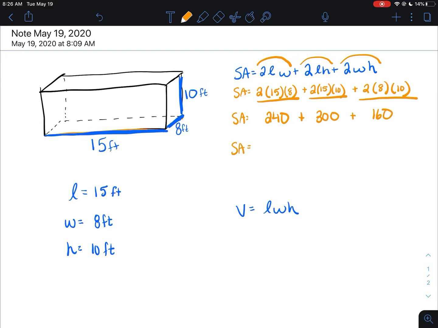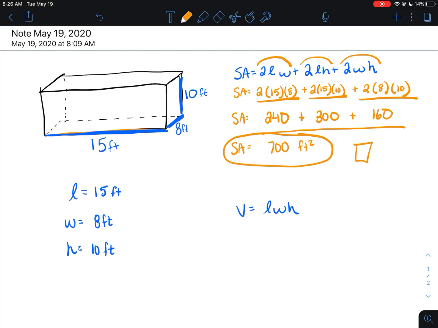Then after you do all your multiplication, your next step is to add everything together. And 240 plus 300 plus 160 is 700 square feet. We're still talking about area, so you're still talking about how many squares it takes to cover the figure.